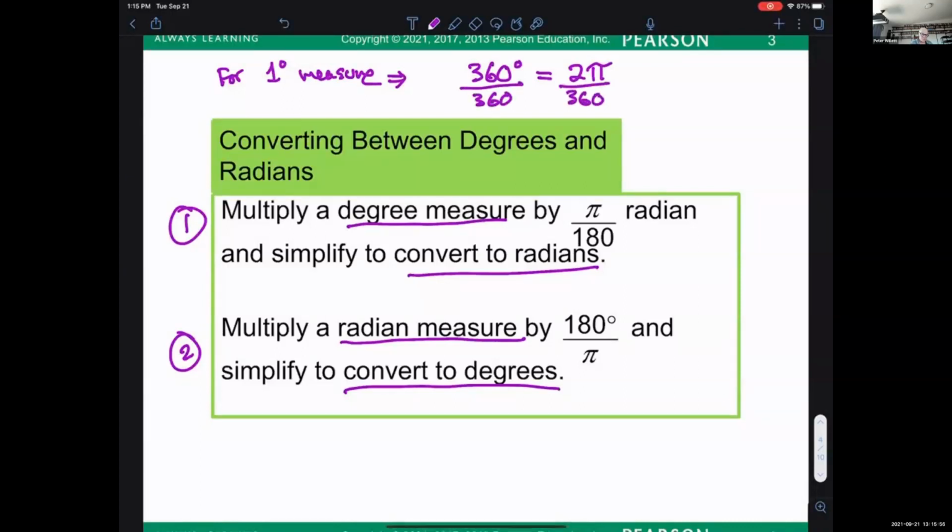And if I do that to both sides, then on the left side, I get 1 degree. And on the right side, I get 2 times pi over 360. 2 divides into 360, leaving 180. So I get pi divided by 180. So that's where this comes from.